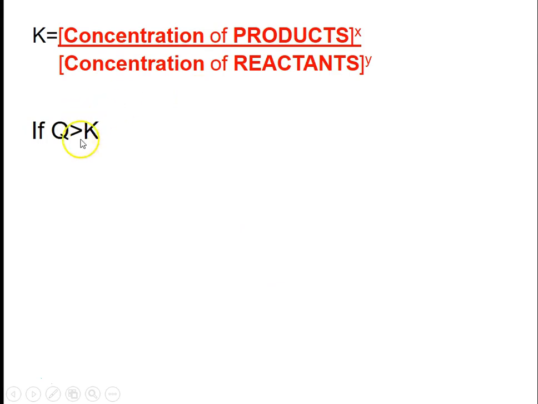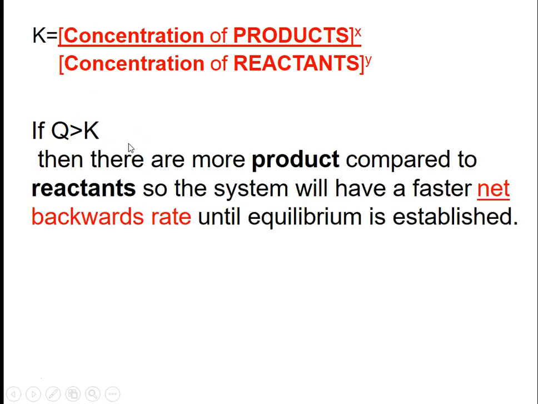So if Q is greater than K, so if you've got some concentrations of your products and reactants, you put them in your expression and you get a number that's greater than the K value, then you know it's not at equilibrium. But it also means that for a fraction to be higher than another fraction, the number on the top must be larger, which means that you have more products.